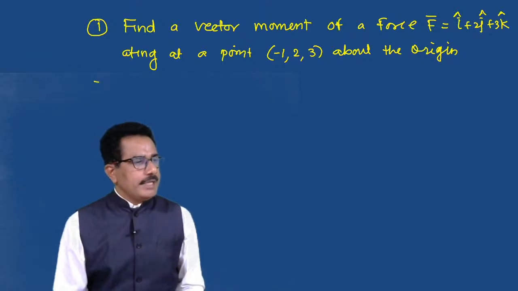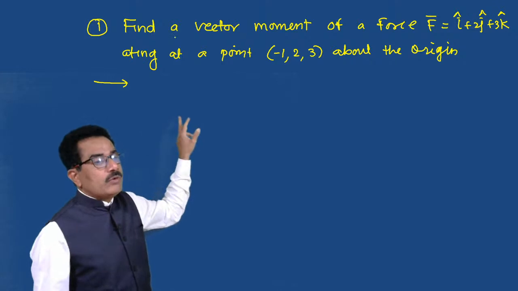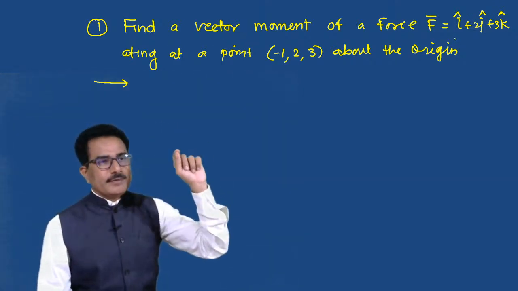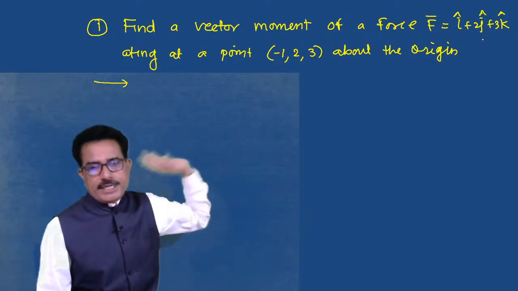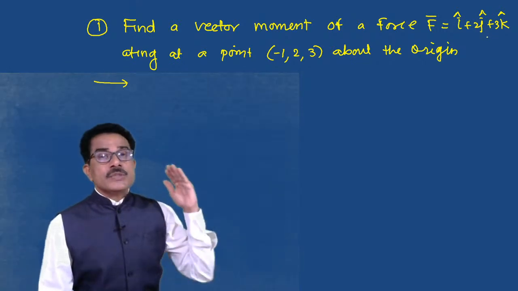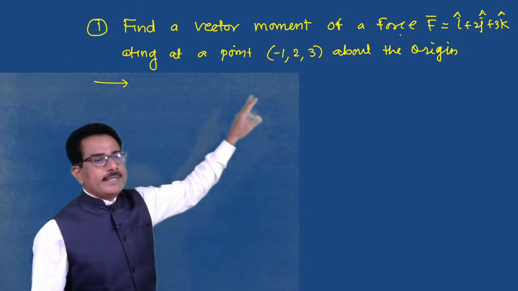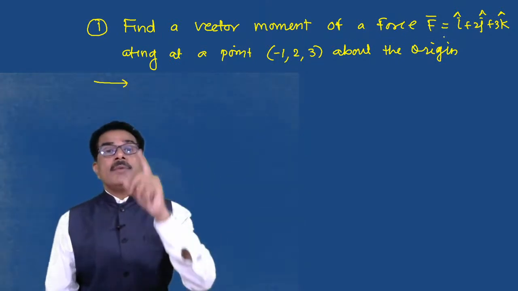Okay, this is a very important problem. We have to find the vector moment due to the force F bar, which is given by i cap plus 2j cap plus 3k cap. This force is acting at the point (-1, 2, 3). Then find the vector moment about the origin.